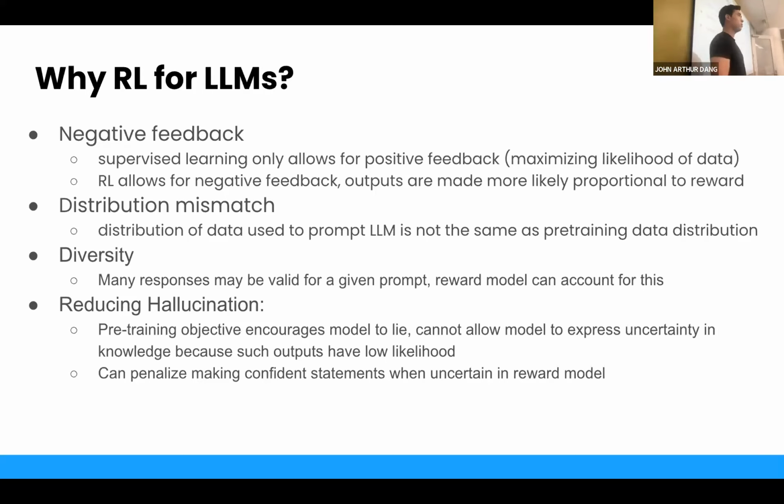The first is negative feedback. If you think about what you're doing with supervised learning inside of language models, what you're saying is that here's a data set of a bunch of text, a sequence of tokens, inputs and outputs. Make everything in that data set equally more likely. This is the equivalent of behavioral cloning for language models. However, when you're using something like a reward model and policy gradient algorithm, you can actually have negative feedback.